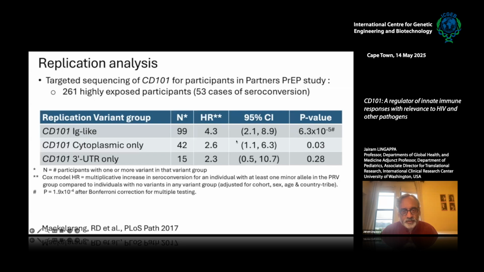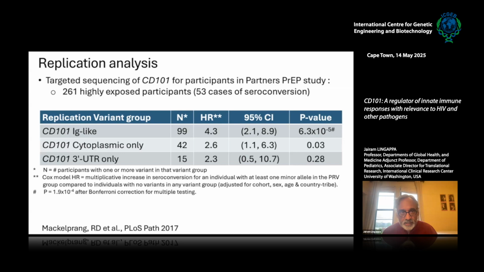The cytoplasmic variants had a lower hazard that, after accounting for multiple comparisons, was not statistically significant, or barely non-significant. And the untranslated regions did not have significance either.